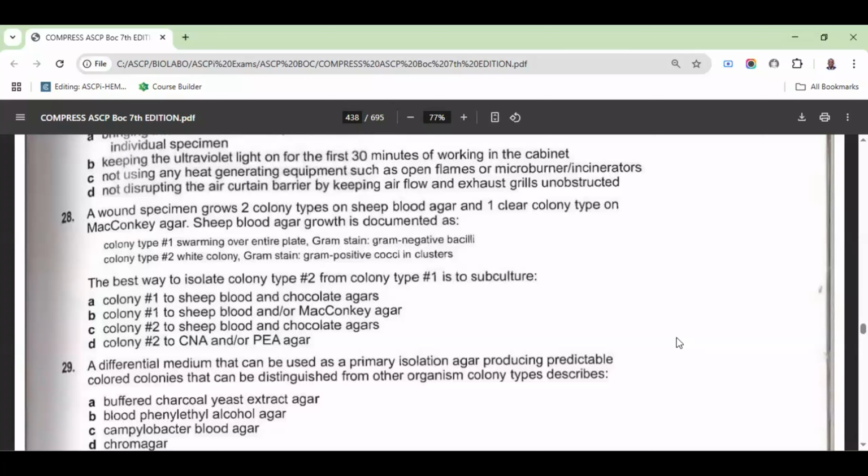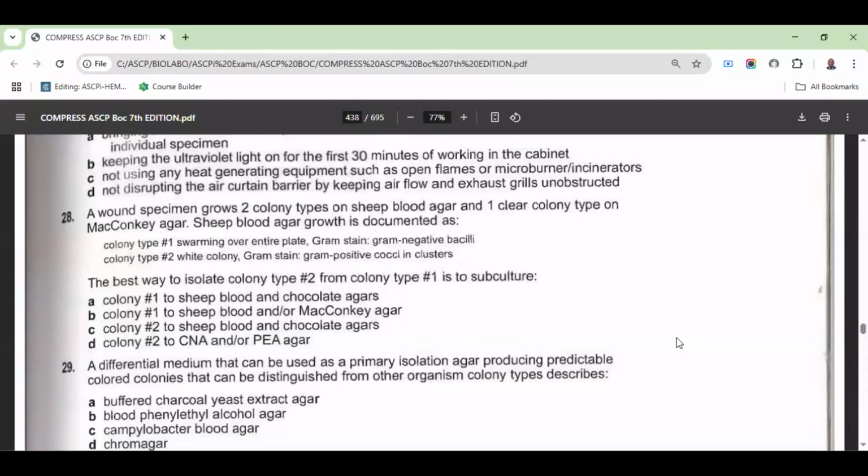So basically it would be D that would help. Yes, I like the point. Actually, it cannot swarm. Yes, so here we have to be careful, because we are doing subculturing. It's not that we have pure colonies somewhere.